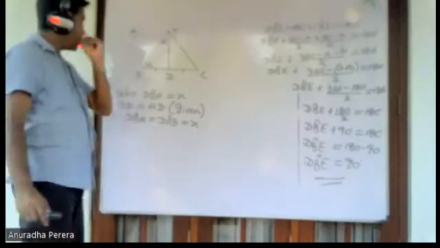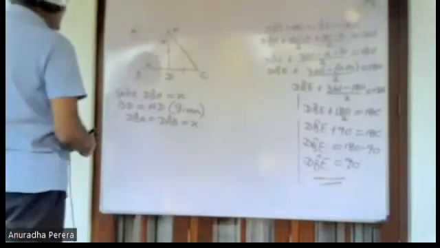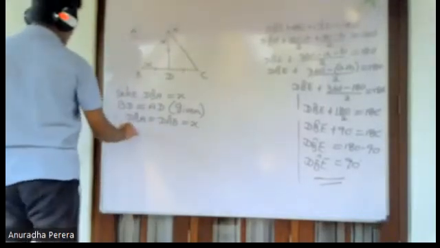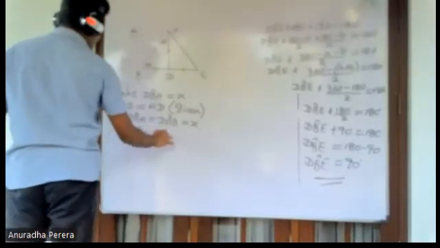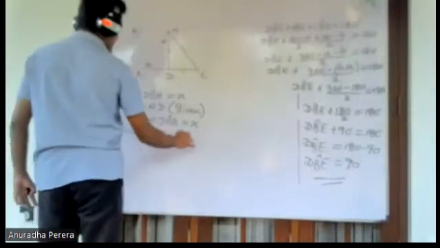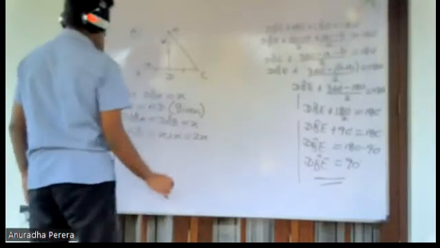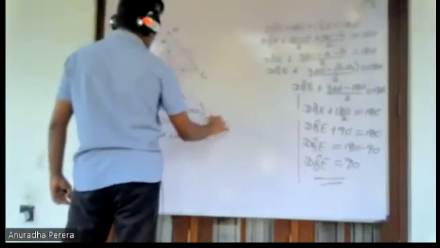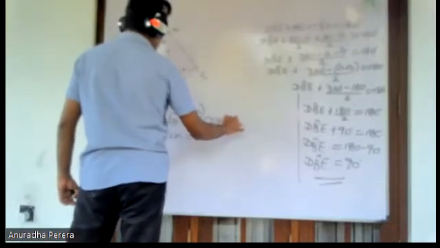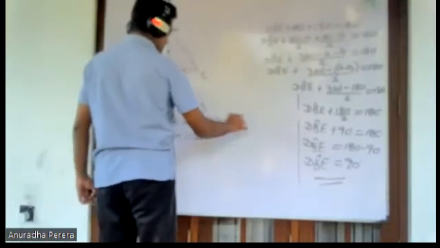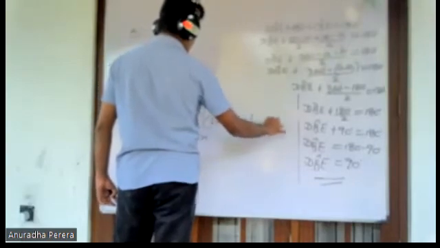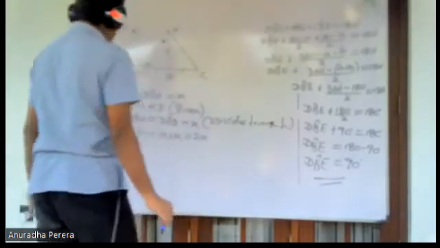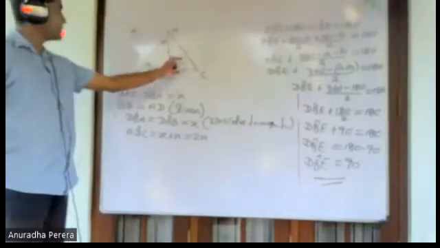And you can write this ADC. ADC is x plus x. Why? It is 2x. What is this theorem? This is the isosceles triangles theorem. And ADC is equal to the sum of these two.